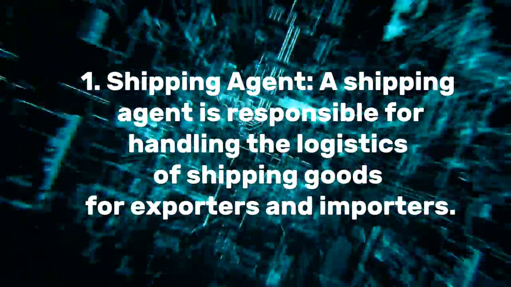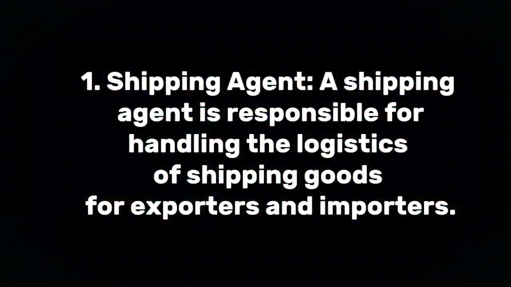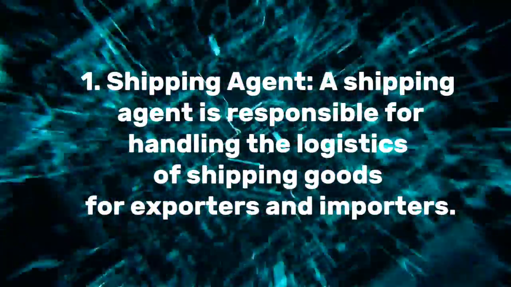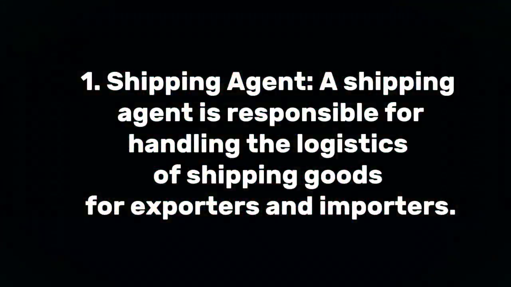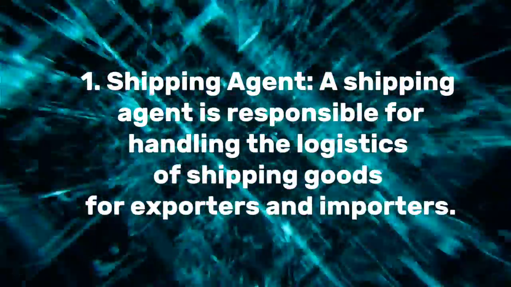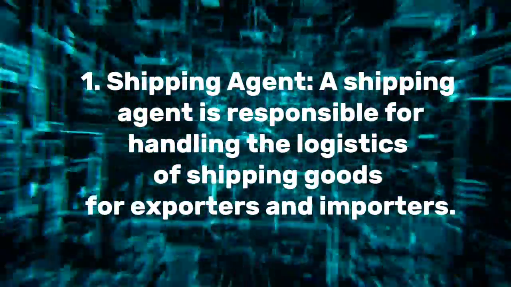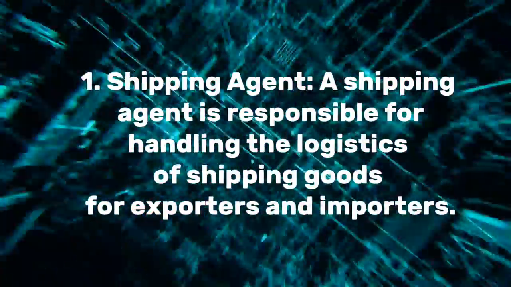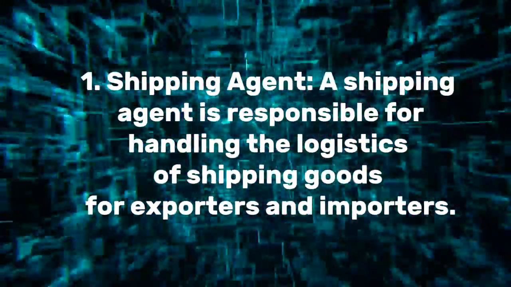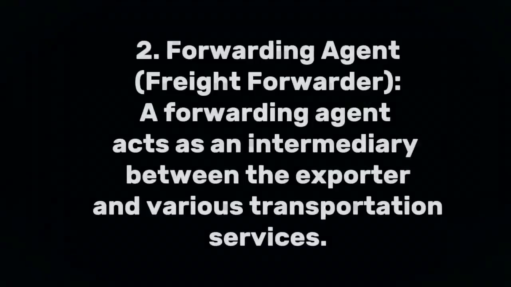Shipping agents are responsible for handling the logistics of shipping goods for exporters and importers. They arrange for the transportation of goods by sea, air or land, ensuring that the shipment reaches its destination efficiently and cost effectively. Shipping agents may also manage documentation, customs clearance, and the loading and unloading of cargo.